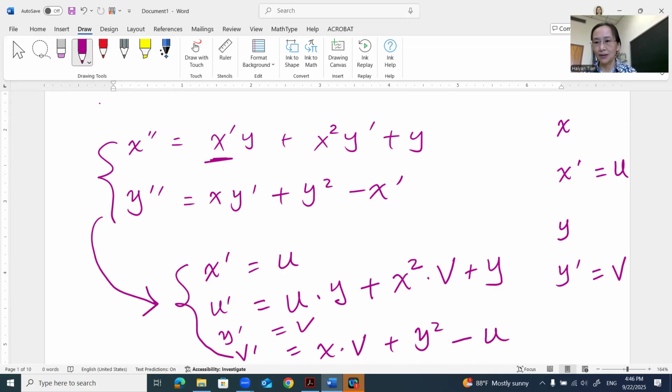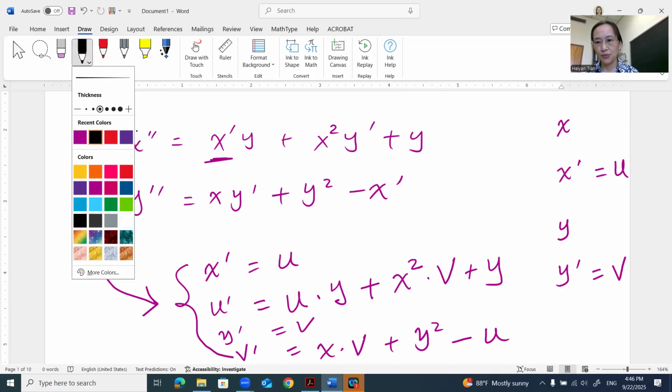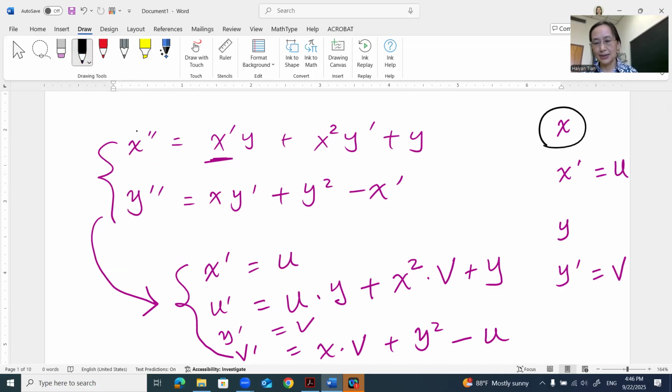In this reduction process, we didn't rename x, y. We simply continue to use x and y as the unknown functions. We keep those two, and we introduce a new name for the derivative of x. So we use u instead of the derivative.